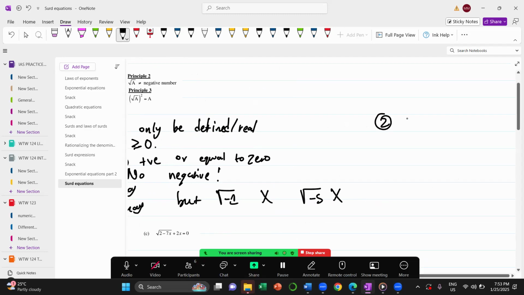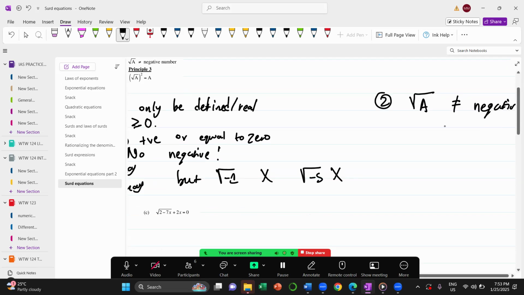The second law just says the square root of any variable or any number cannot be negative. So if I have the square root of 4, it cannot be equal to negative 2. Or the square root of x cannot be equal to -5, because there's no way that I'm going to put a value under a square root and get it to be negative.